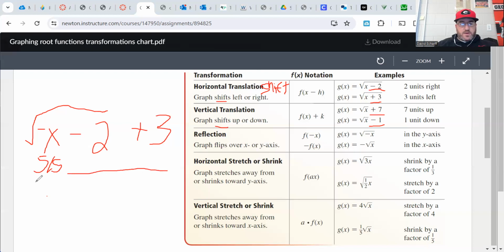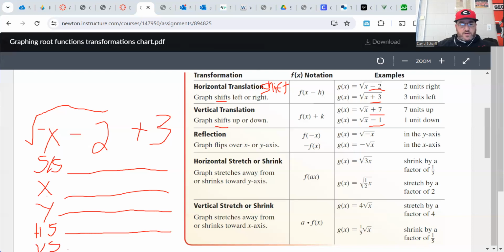It's stretch or shrink, reflect over the x-axis, reflect over the y-axis, horizontal shift, and a vertical shift. Okay. I believe that's the order. There we go. Okay.